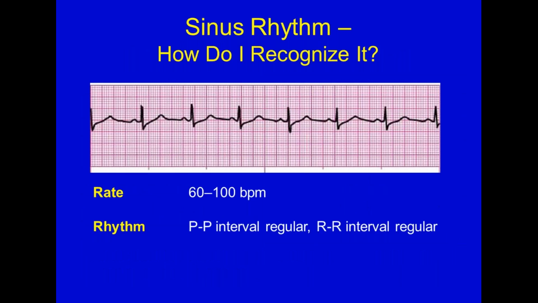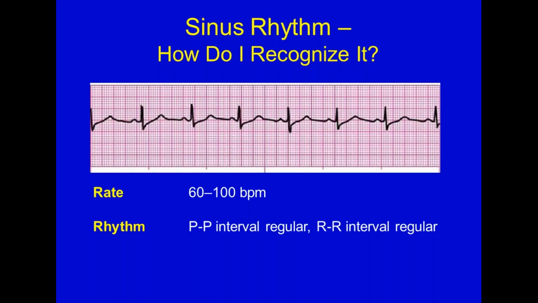So this is the stuff we really have to get down: how do we recognize the rhythm? It's using the rate, the rhythm, regularity, P wave. Have a system set up. This reference sheet we gave you yesterday has five steps to look at.